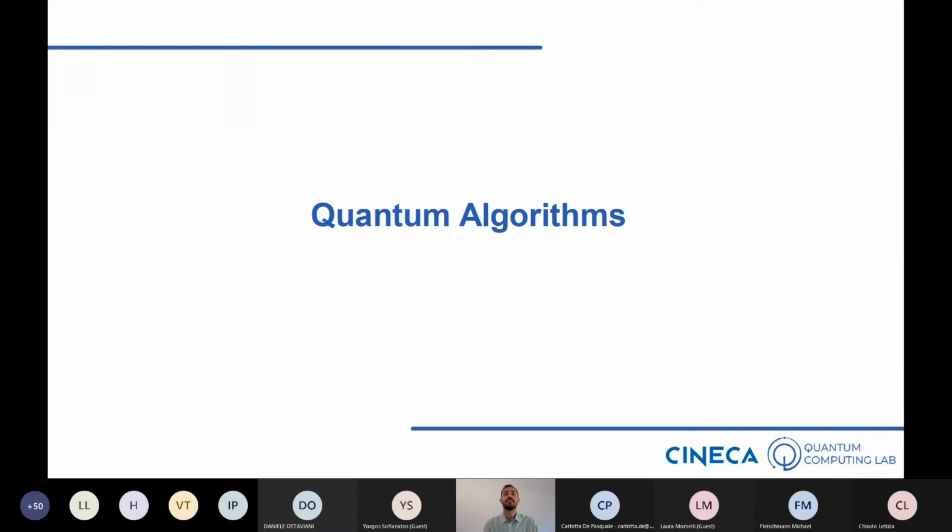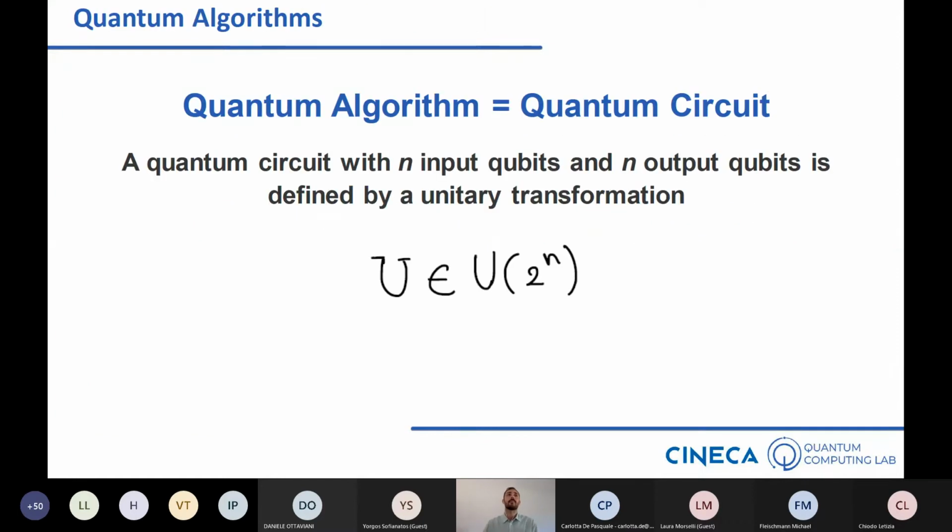Okay, let's go on. Quantum algorithm or quantum circuit, they are interchangeable. A quantum circuit with n input and n output qubits is defined by a unitary transformation.